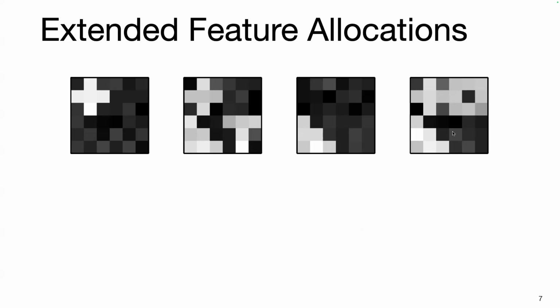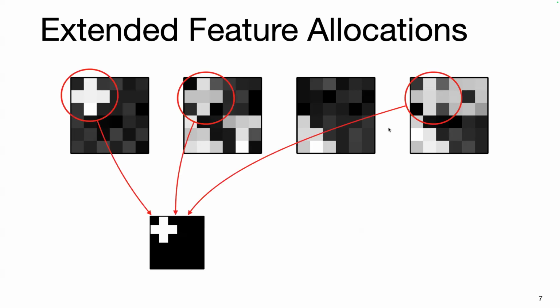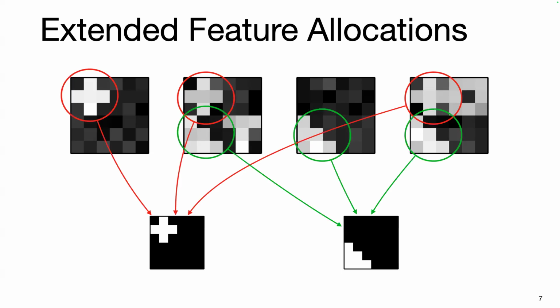And we recognize that observations 1, 2, and 4 display this feature that is a white cross in the top left corner, while observations 2, 3, and 4 display this other feature that is this staircase in the bottom left corner. And in this case, we do not directly observe the features, but rather we assume that they are present at a latent level. And the focus of the inference is exactly estimating these features and referring each image to the feature it displays.